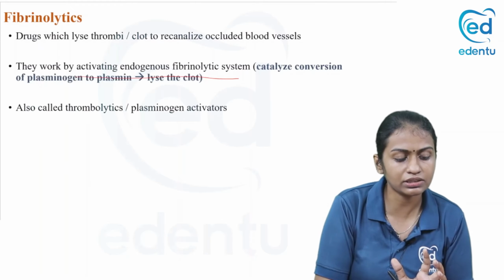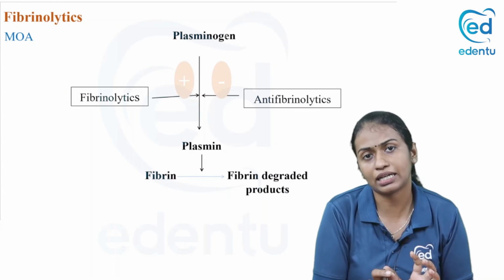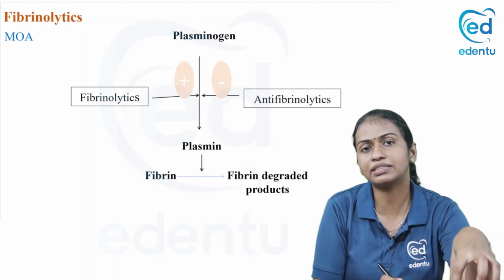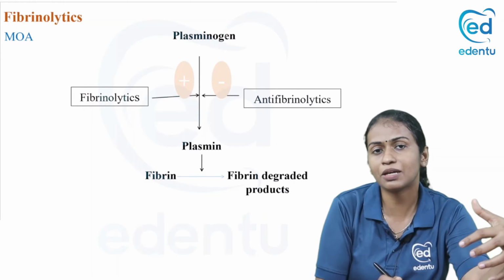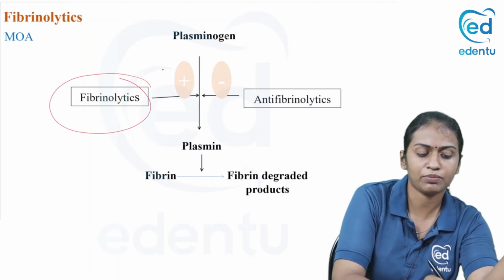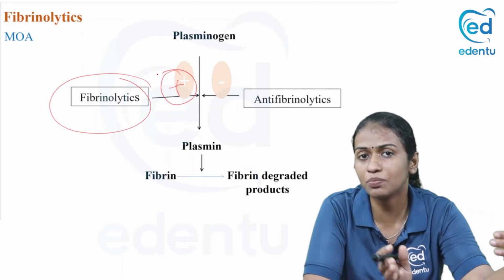So they do this by activating the tissue plasminogen activator. So this is the basic step. Plasminogen is converted into plasmin. This step is activated by fibrinolytic agents, whereas those agents which inhibit this step are called anti-fibrinolytic agents. Okay.